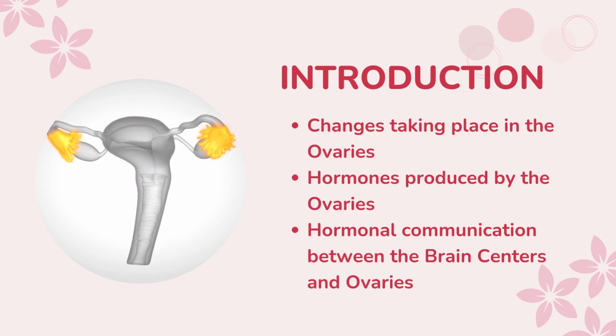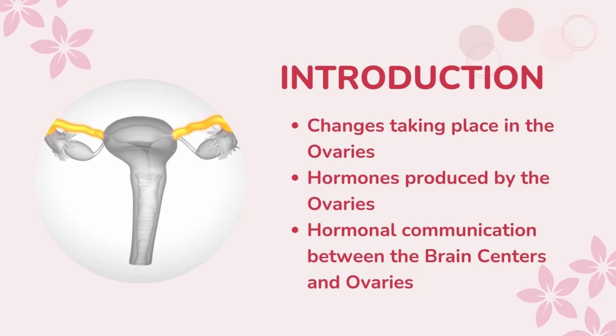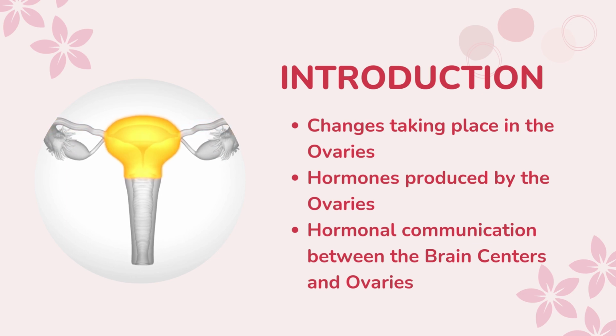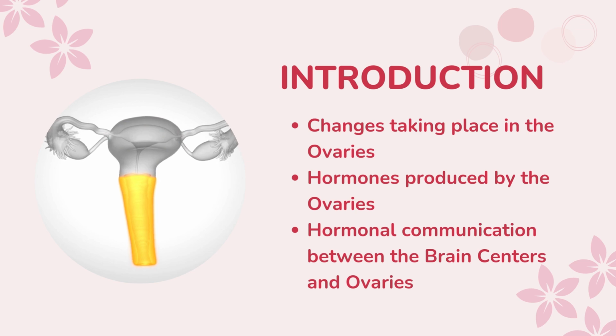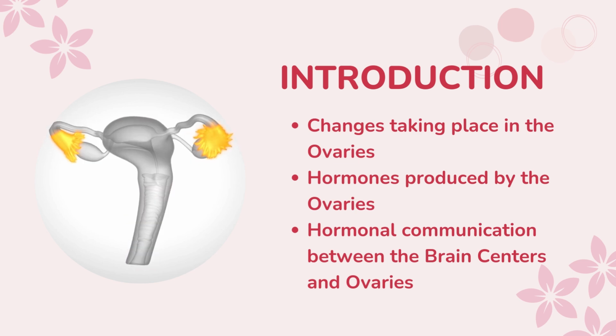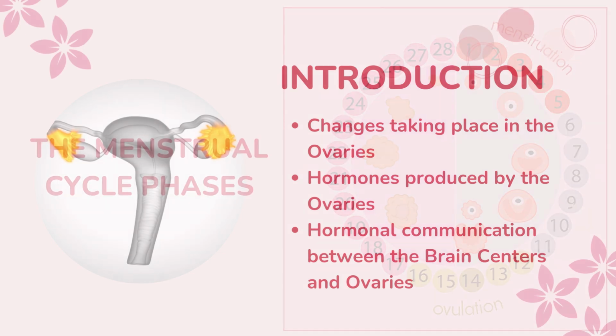Next, we will understand the intricate hormonal communication between your brain and ovaries. It's all about precision. By the end of this chapter, you will have a solid understanding of how your menstrual cycle ticks and how hormones make it all happen.